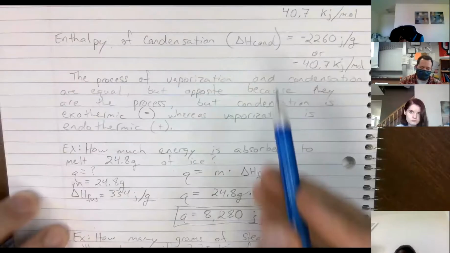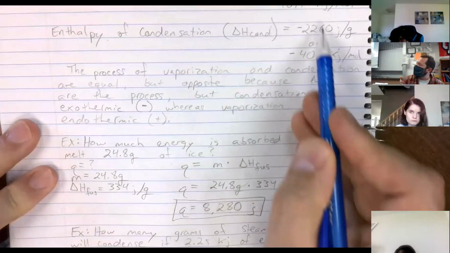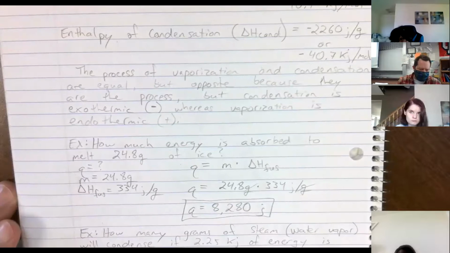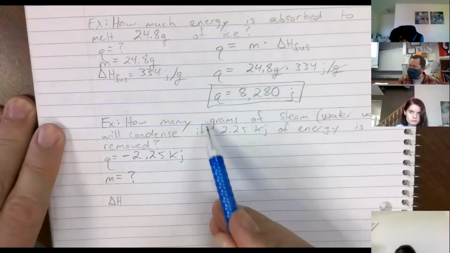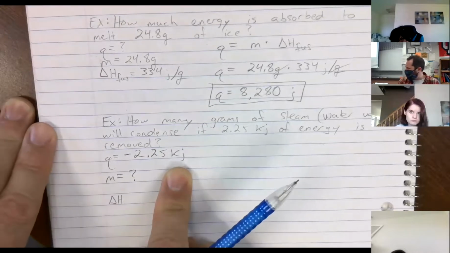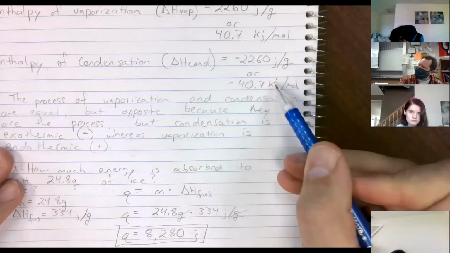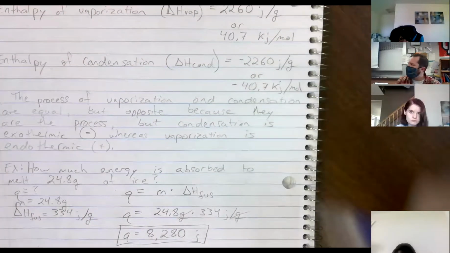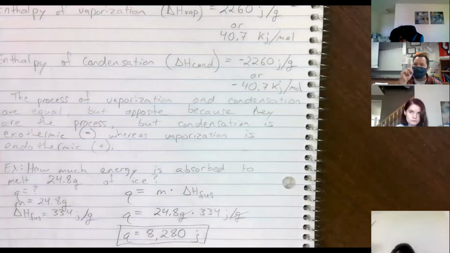So what's my condensation? Well, I've actually got 2 different units here, 2 different values. Which one to use? This gets a little confusing. They're looking for grams, but they gave us kilojoules. Guys, you can do either one of these, but there's going to be a conversion for either of them.